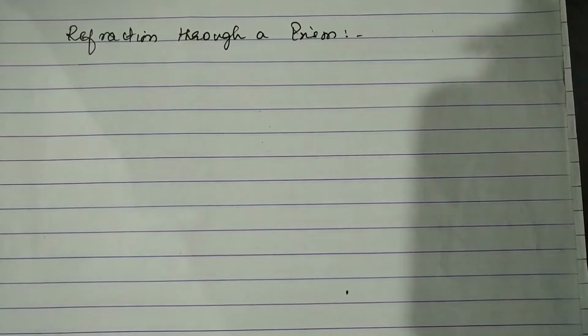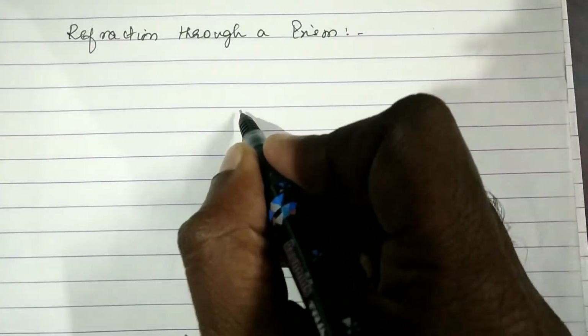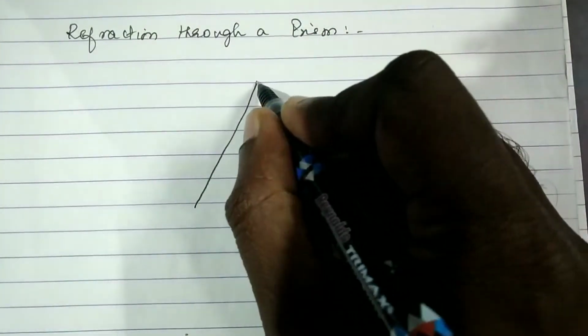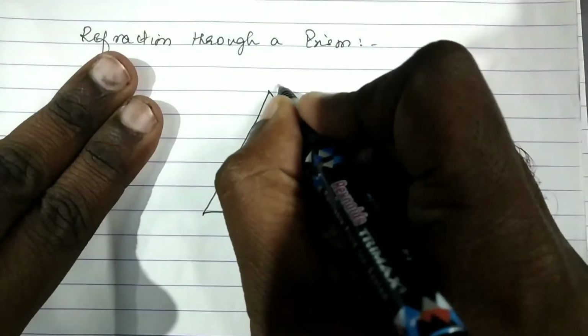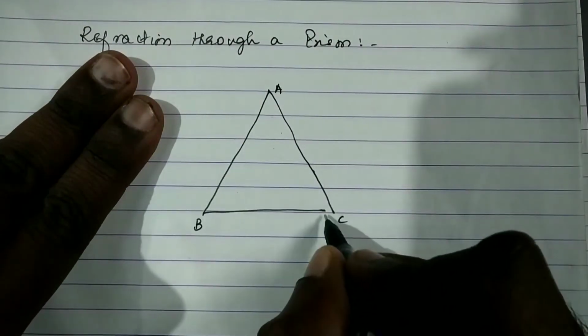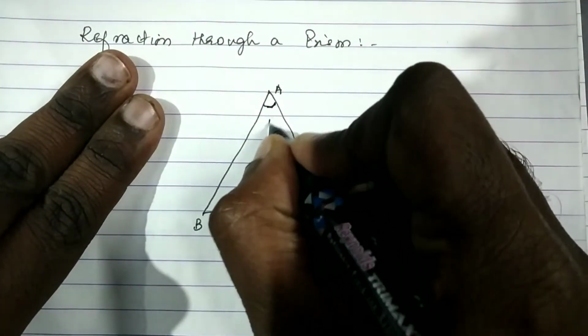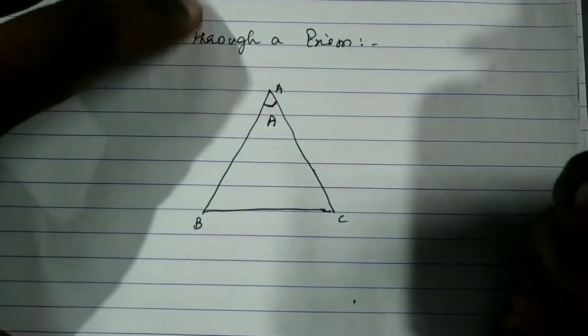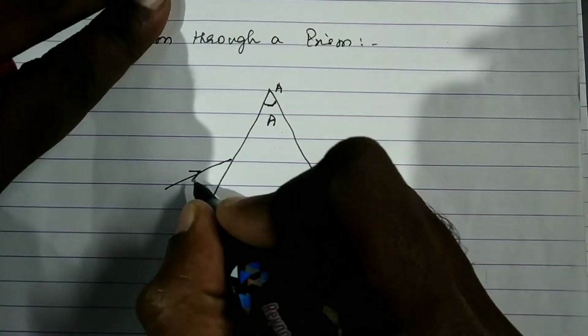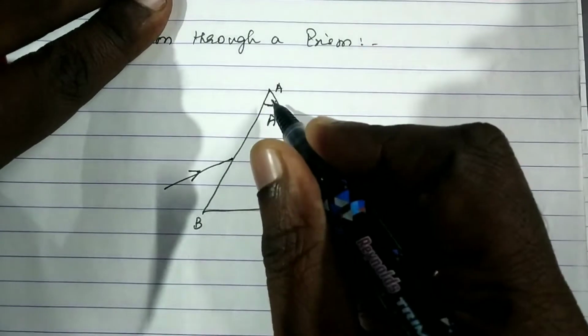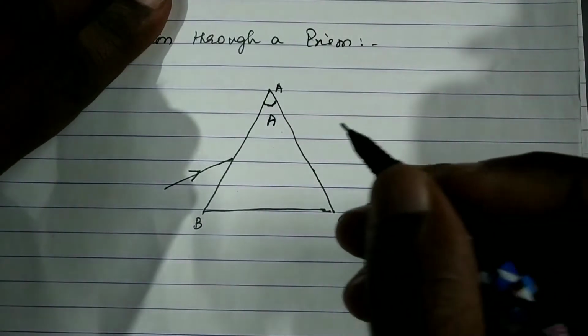Okay. Refraction through a prism. Just I am going to draw the diagram. Carefully notice, it is very easy. So see, there is a prism, say A, B, C, and this is called the angle of the prism. Now, an incident ray is incident on the first refracting surface AB.